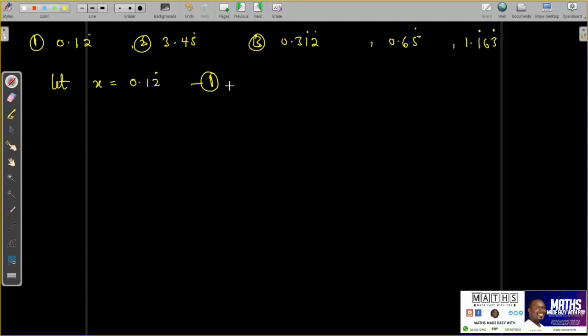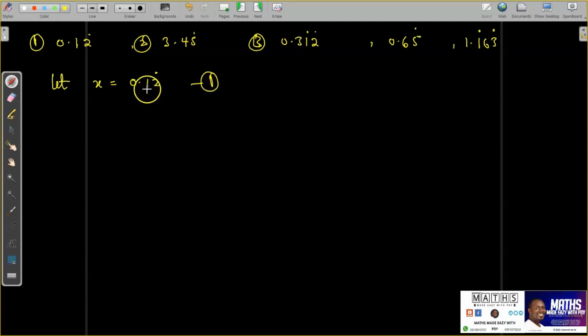The next step is, this time around, you must transpose the digits which are not recurring first to join the whole number section. That's the first thing you need to do.